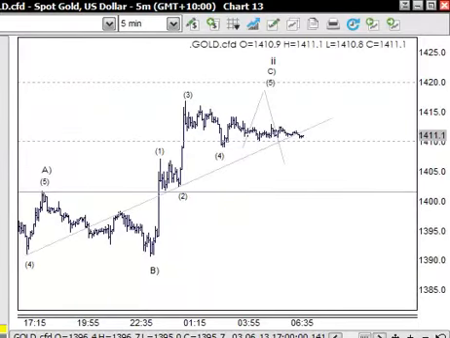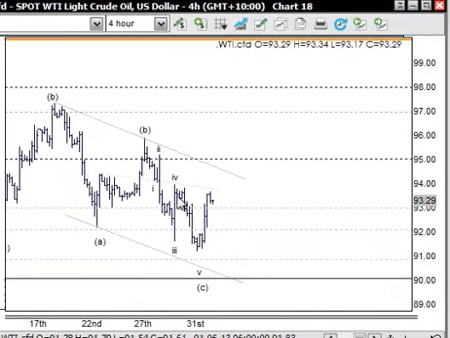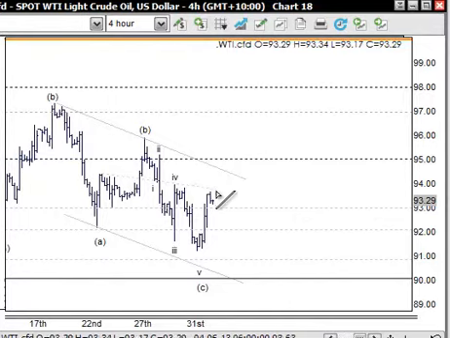Right, and oil as well. With oil, we were looking for 5 waves down, the 1, 2, 3, 4, and still looking for it to come down to this area through here. It made a new low, so we've got to call it the 5th wave in here. The most important thing now is that the 93 is at the top of group 1 here. So if we do get 5 waves through here, which is a reasonable possibility, then we would see a corrective pattern unfold.